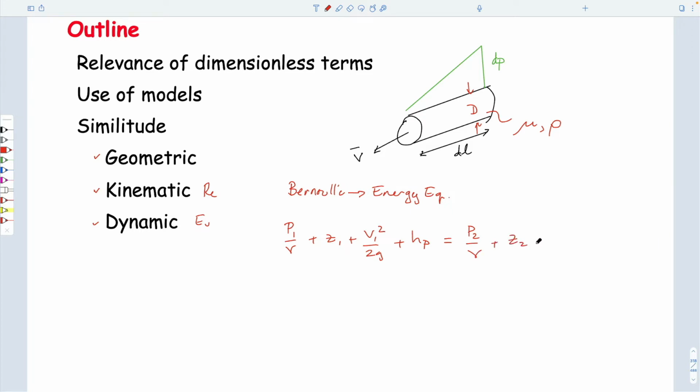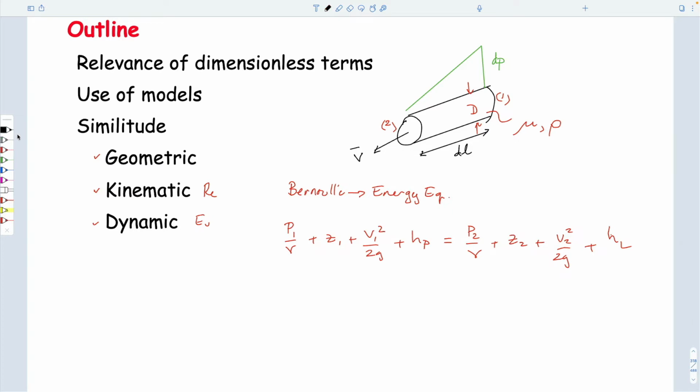Remember that we have to write it upstream and downstream, so this would be 1 and this would be 2. Plus HL.